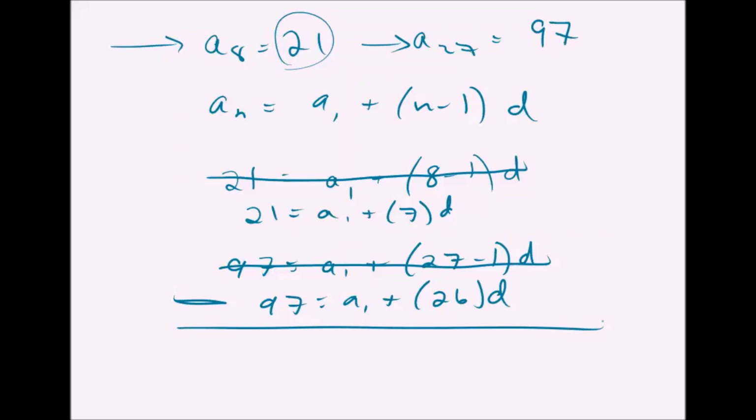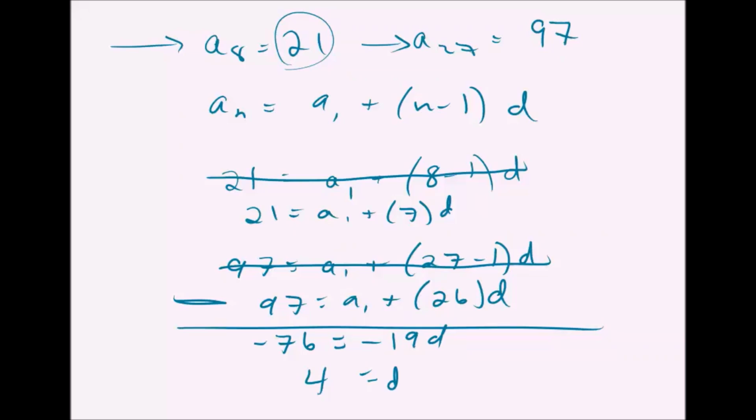We just subtract them. So 21 minus 97 is going to give us negative 76. a1 minus a1 is nothing. And 7d minus 26d is negative 19d. So d is equal to positive 4.